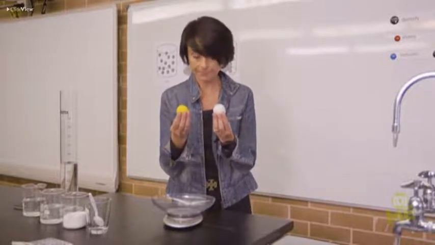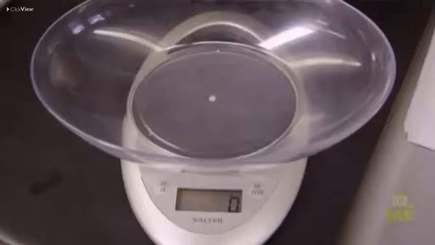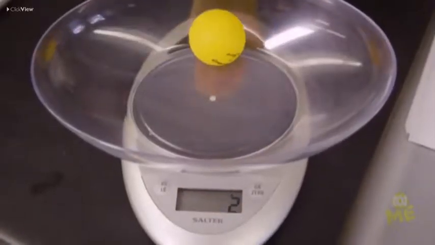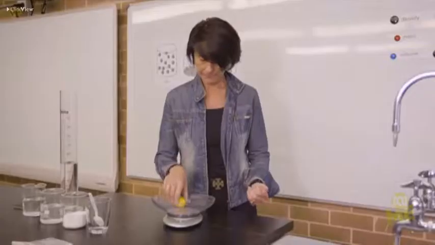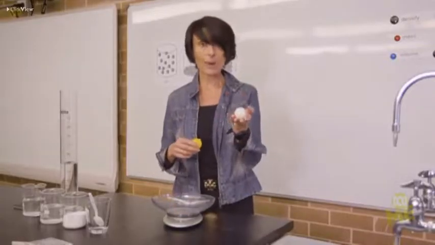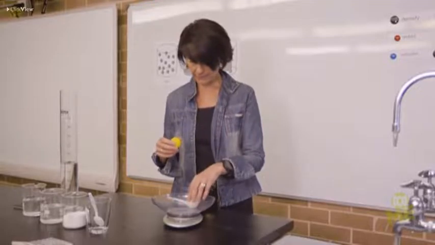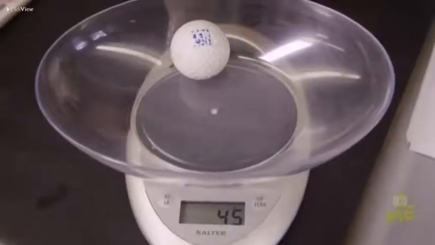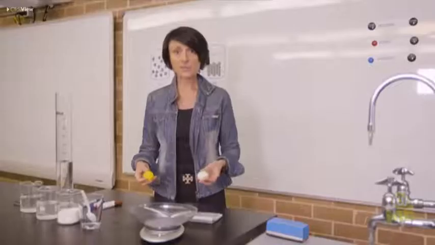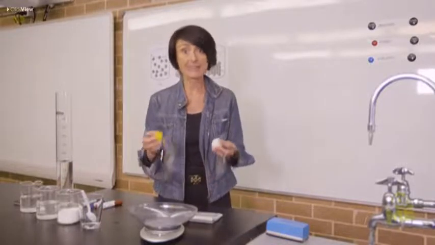Let's weigh them. The ping pong ball has a mass of 2 grams. The golf ball weighs 45 grams. This brings us to a new property of matter, density.